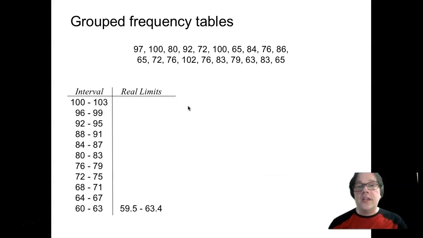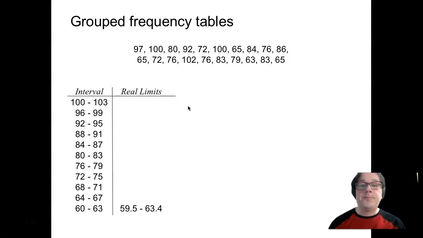So the real limits for the first class interval, and again, we only need to really worry about this when we're dealing with scores that have decimals, the first class interval would have real limits of 59.5 and 63.4. Okay, you might say, well, Brown, why? Where'd you come up with that? I'm only using the rules of rounding for decimals, right?